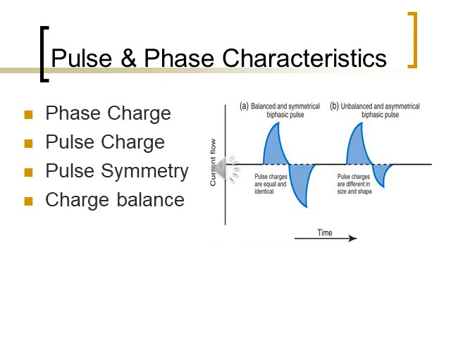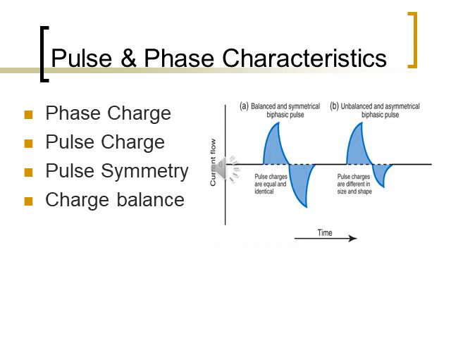Looking at the balanced and symmetrical biphasic pulse, both the phase charge and the pulse charge are equal. Whereas in the unbalanced and asymmetrical, they're different.